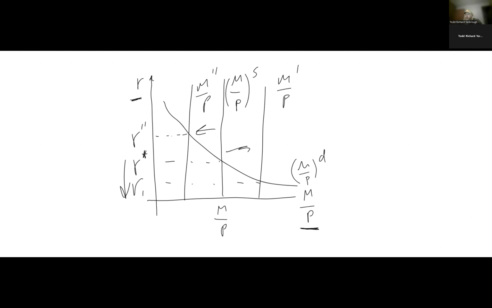So a very simple model of the money supply. Now, I'm going to show you how we can relate this very simple model back to this idea of aggregate demand.